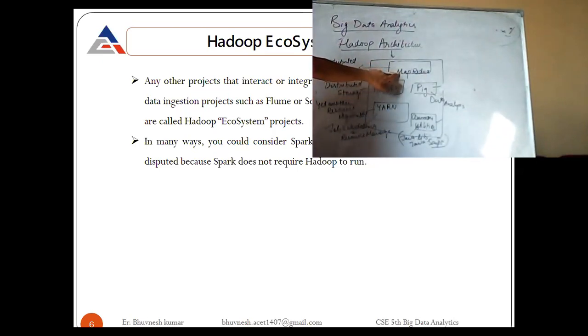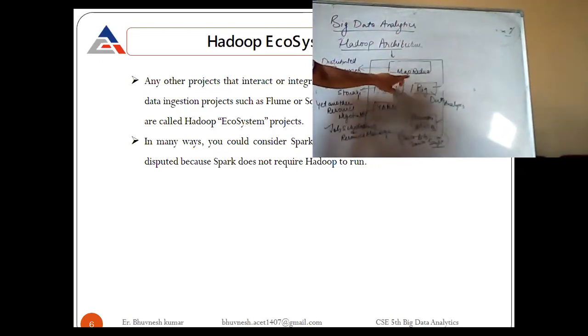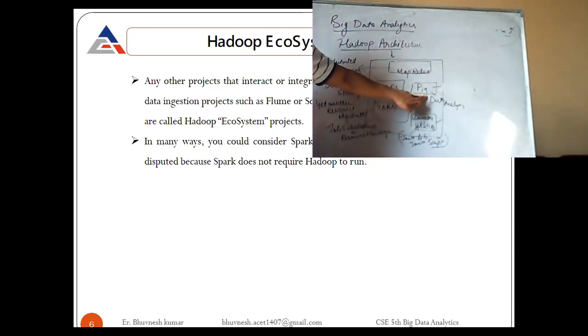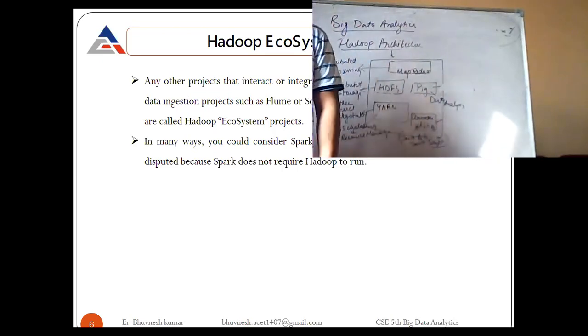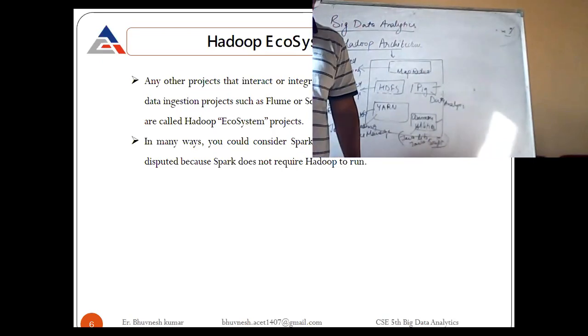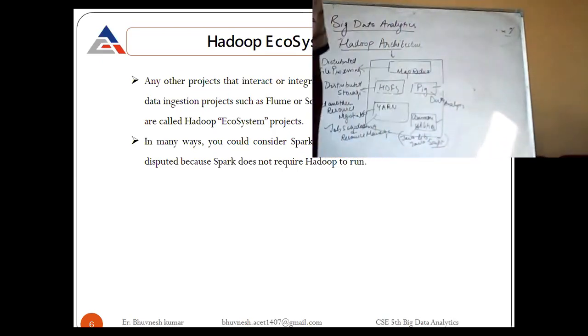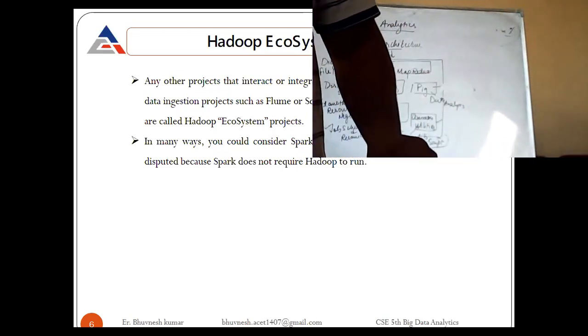Processing should be done by MapReduce. Analysis should be done by the Pig framework. YARN should be used for job scheduling and resource management. And common utilities are there in the architecture, and in the common utilities you have Java libraries and JavaScript. This is the framework of Hadoop.